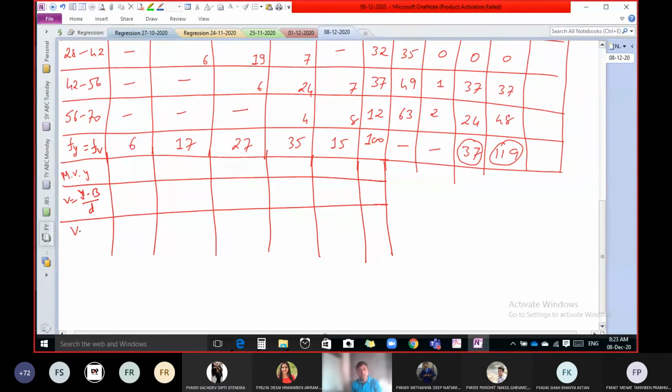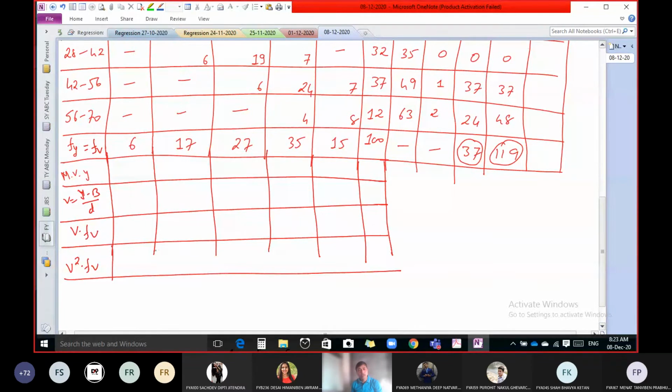Now v into fv. Then v square into fv. And we require one more thing that we will discuss after calculating this. So let us calculate all these values.